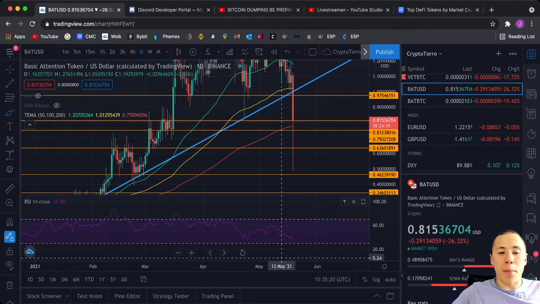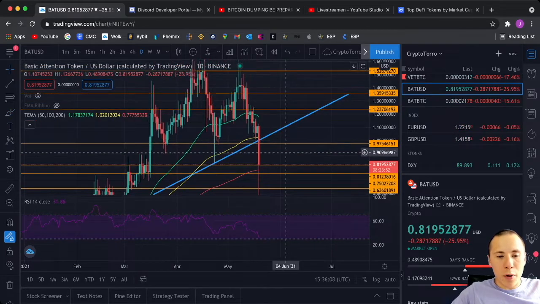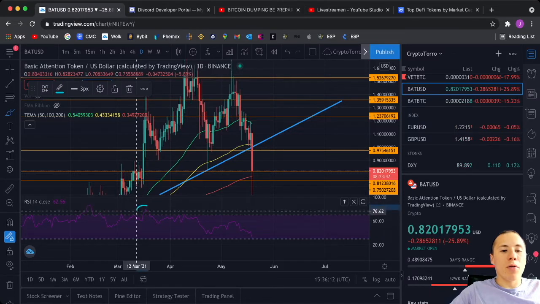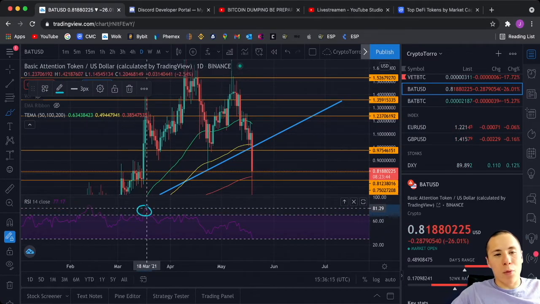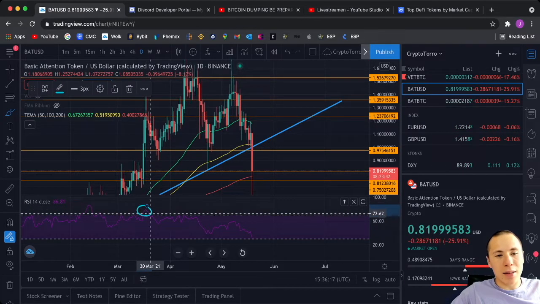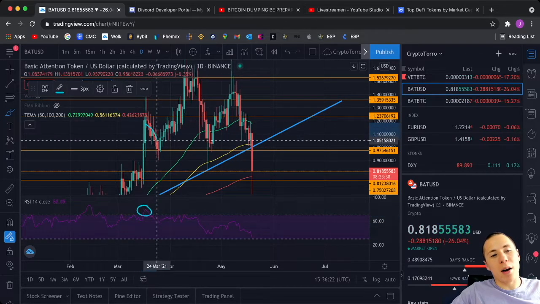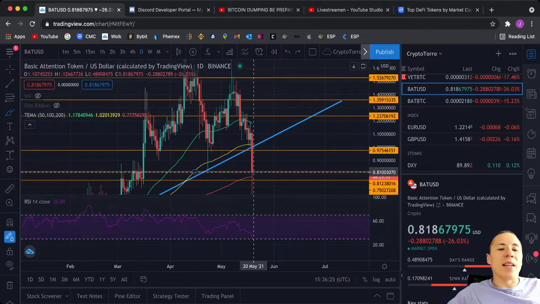So that's very important. And if we take a look at where we are, we saw over here on the RSI that we were in the overbought area, and once it does so, after that we see a trend towards the downside being created, and that's exactly what happened on this part of the basic attention token chart.